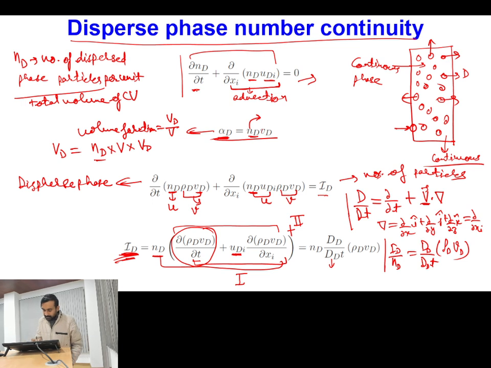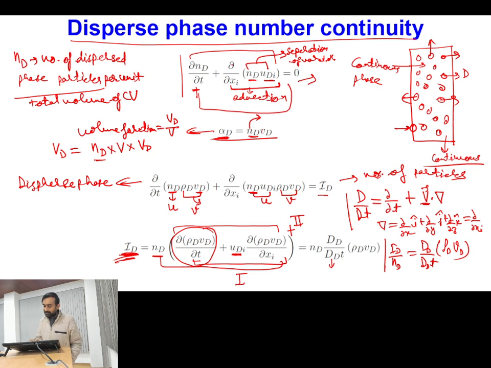Yes, this is your continuity equation for particle number. If in this equation you apply the method of separation of variables to this term, you will get one term del by del xi of Nd u di.